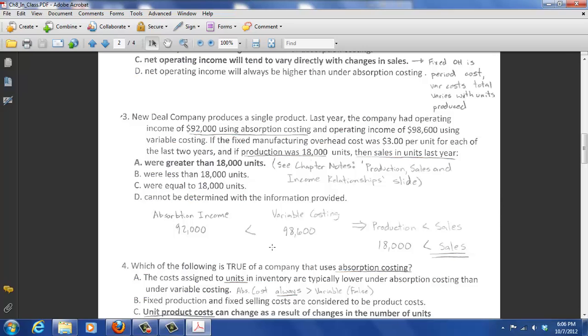So we know that if the absorption income is less than the variable costing, then that means that our production is less than our sales. So this particular problem tells us the production of 18,000 units, and we know then based on this comparison here that our sales are on the greater than side of the equation. So our sales are going to be greater than those 18,000 units.